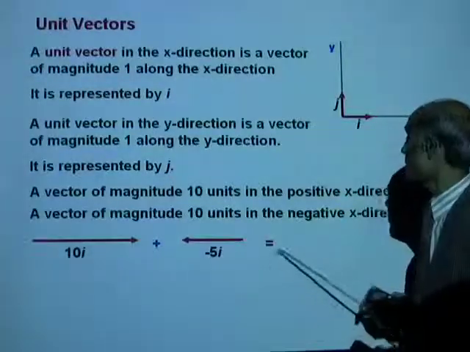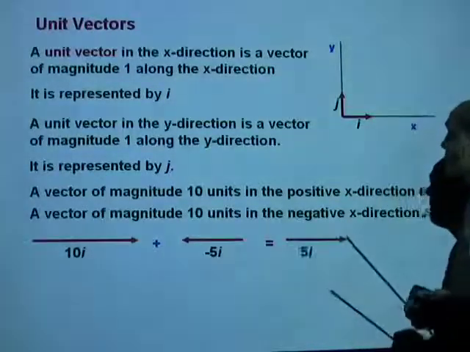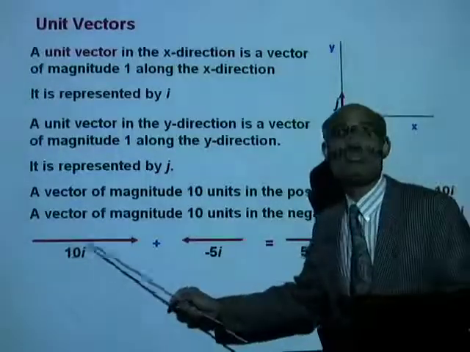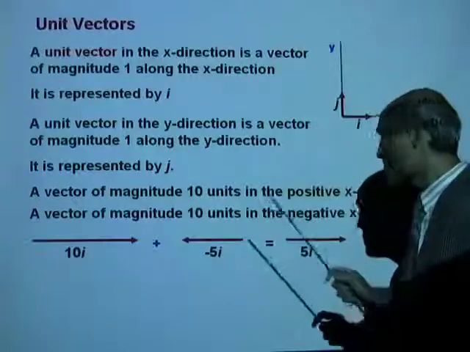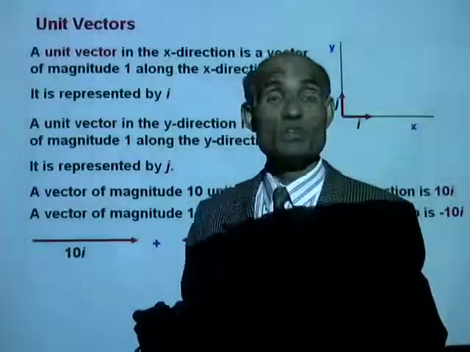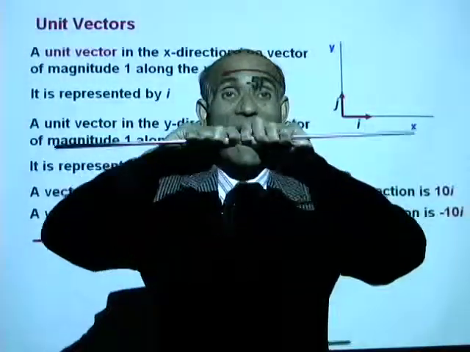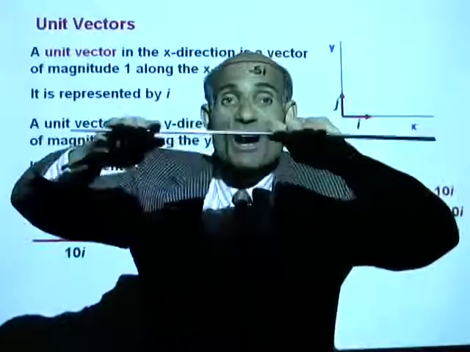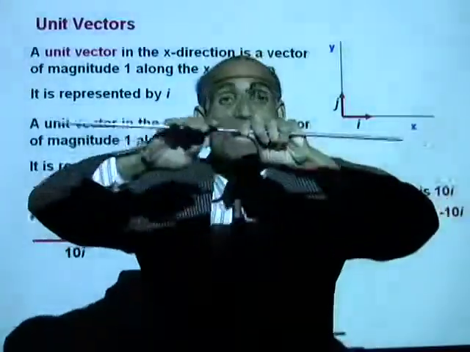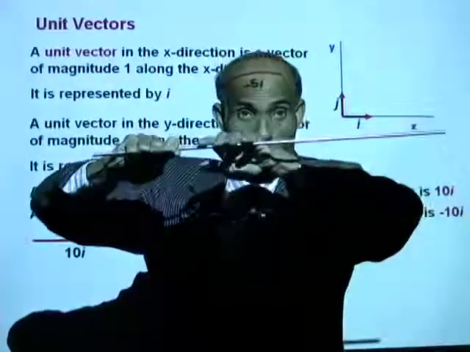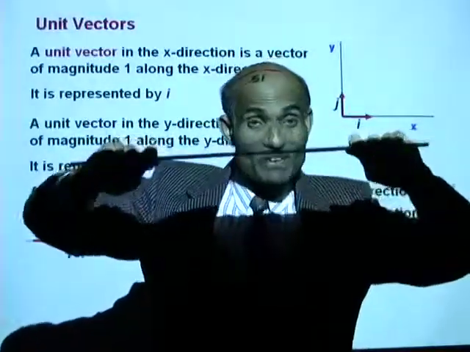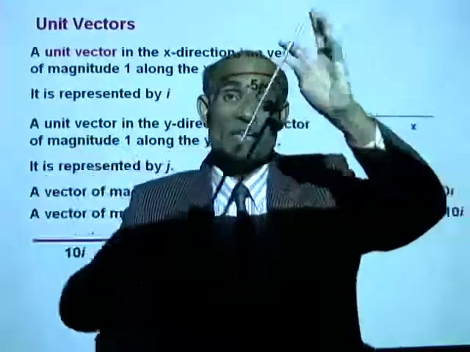This will give you a positive 5i. 10i added to negative 5i is positive 5i. Vectors can be added easily if they are along the same direction. A positive x vector and a negative x vector can be easily added.